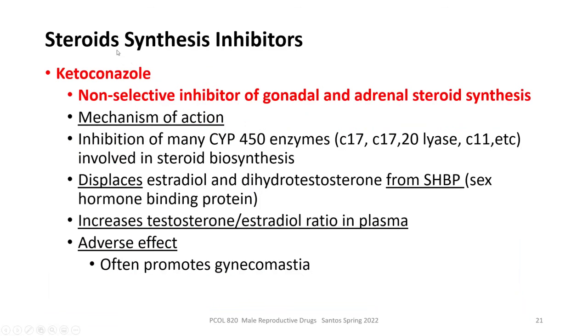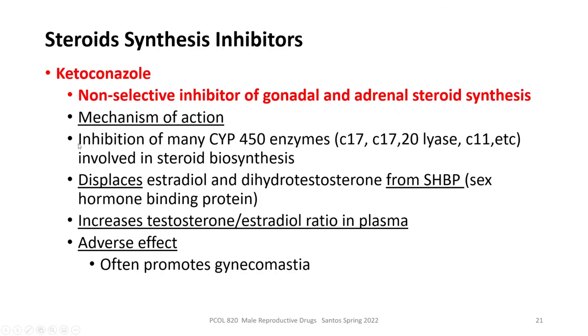Then we have a third class, which is the steroid synthesis inhibitors. And the main example here will be ketoconazole, which is a non-selective inhibitor, not only of the gonadal steroid hormones, but also of the adrenal steroid synthesis.